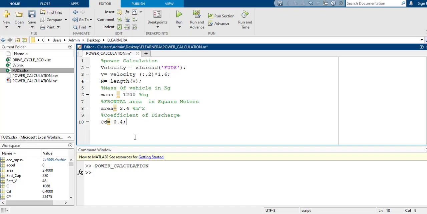Okay, then we save this value, again we have to save this value.